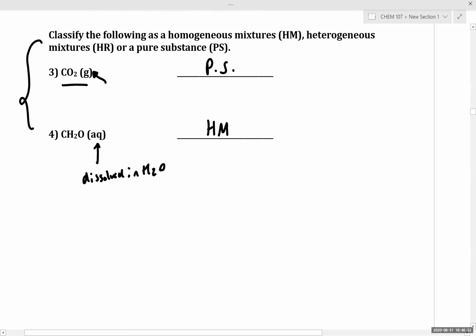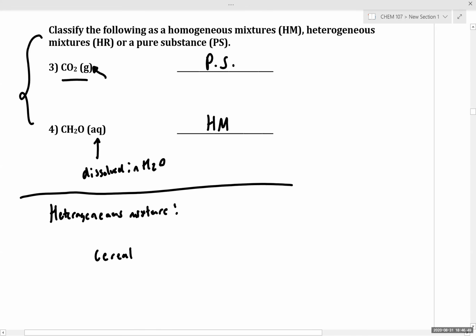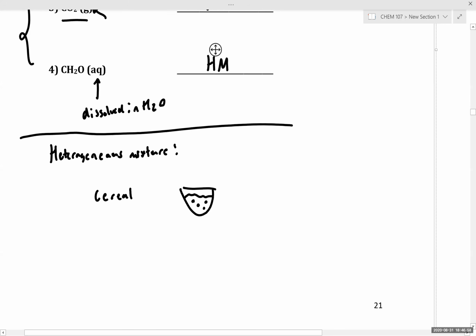Okay, so to give an example of a heterogeneous mixture, some common examples that we see in everyday life. An example of this would be cereal. If we look at our bowl of cereal, we have the milk, and then we have clearly visible solid pieces of cereal. Another example would be like copper chloride solid in water.